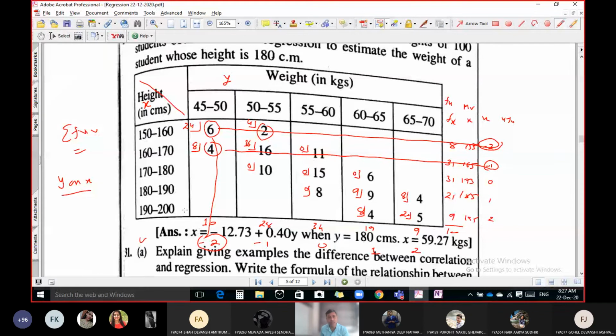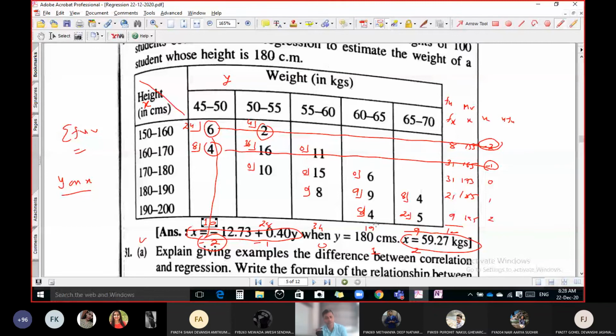If you assume this as y and this as x, you will get the answer given in the book. But because your assumption is different, maybe you are not able to get this answer. Because our x and y are different from their x and y, but you will get the final answer. That is damn sure.